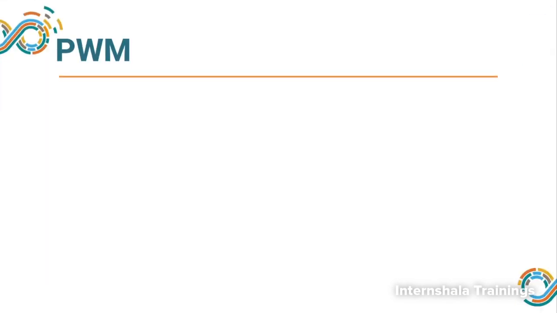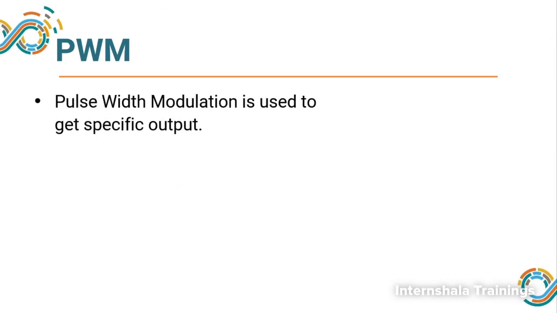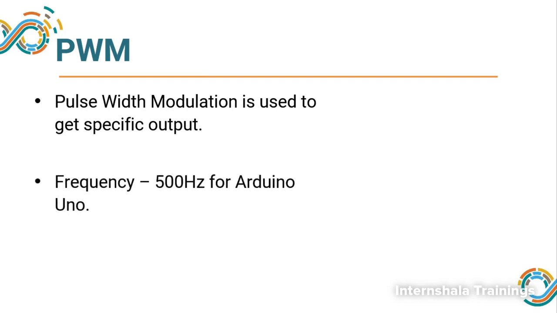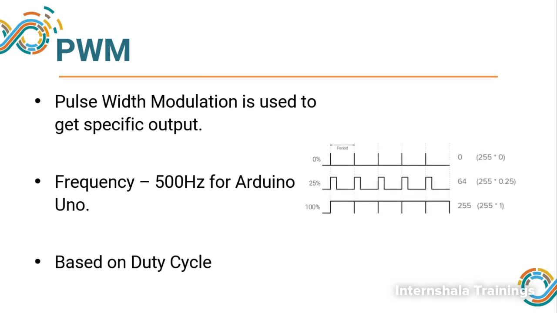Next we have PWM. PWM stands for pulse width modulation. Now we had said that we don't have analog output pins, but if I want to generate something which is not purely 1 or purely 0, then the alternative that we have in the digital world is pulse width modulation. Pulse width modulation means we are going to control the duty cycle of our output digital wave.